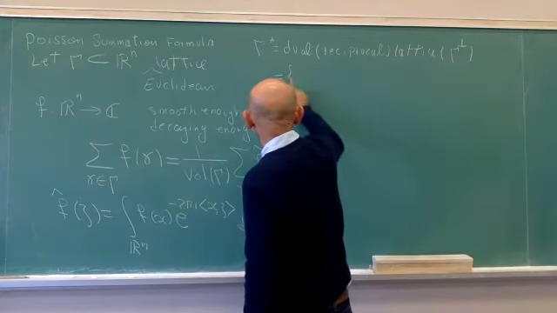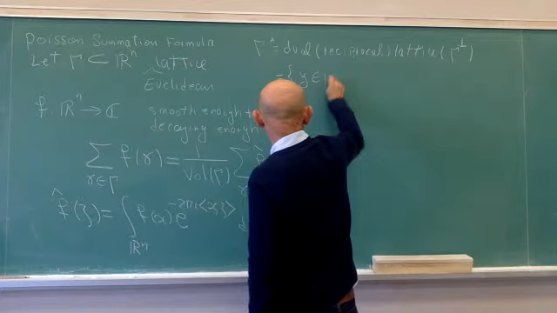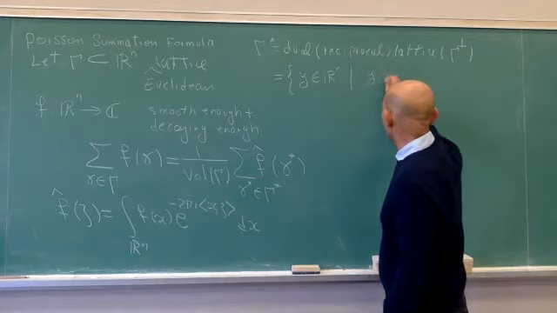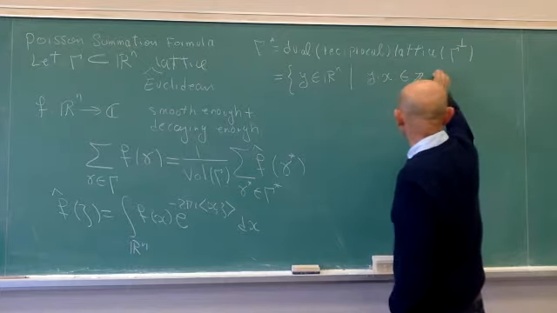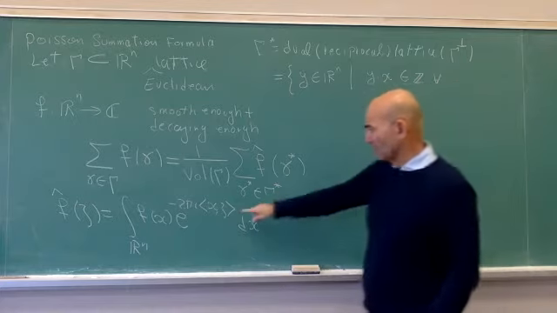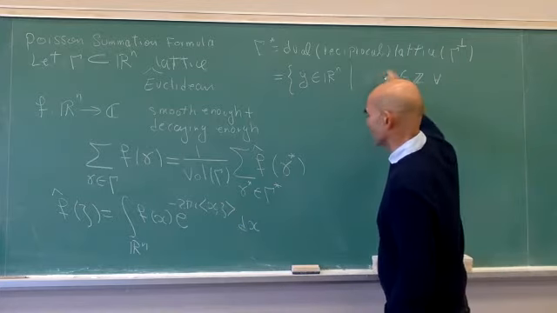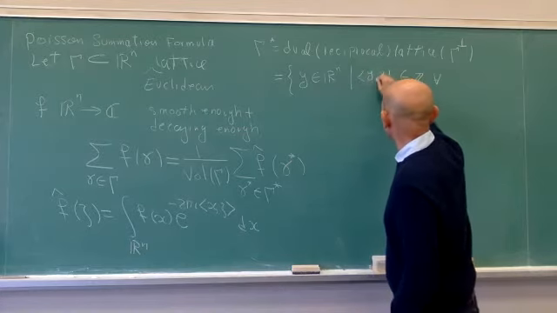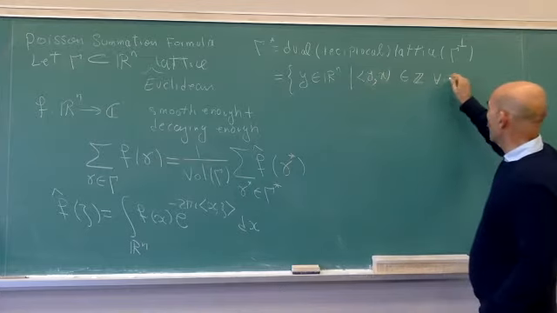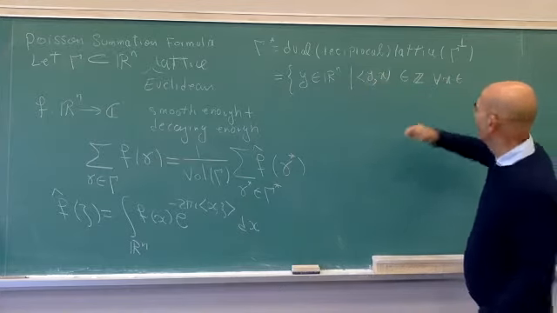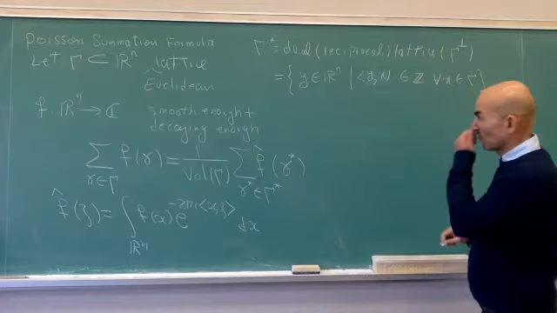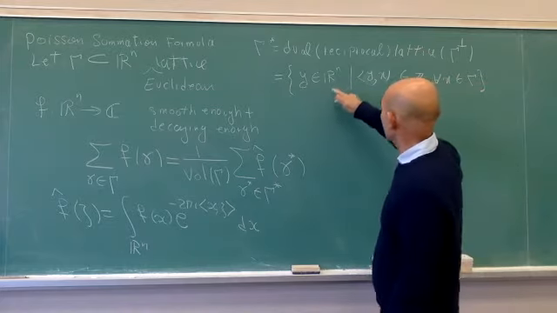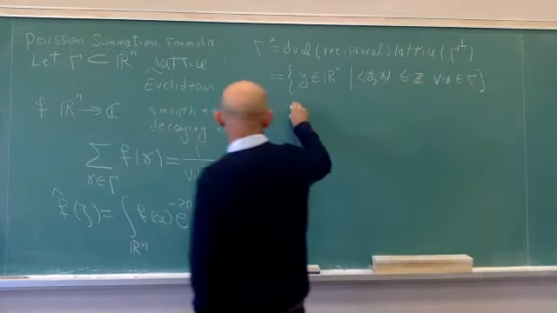Well, as we saw before, this is the set of all y belonging to R^n such that the inner product of y with x belongs to Z for all x belonging to Gamma. It's not a difficult exercise to show that this Gamma star is actually a lattice.